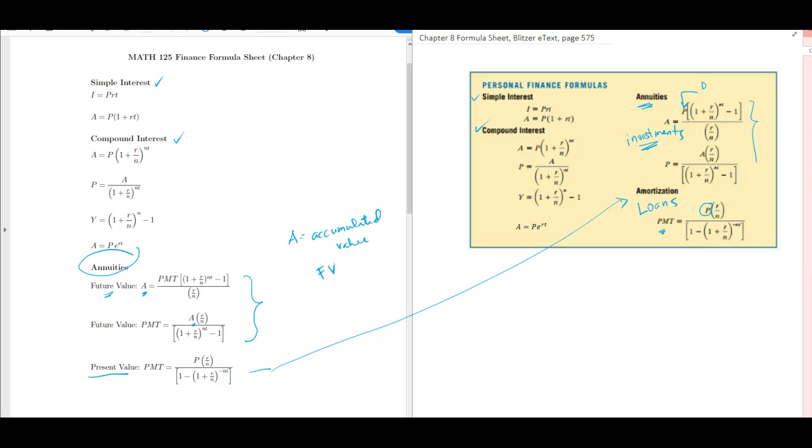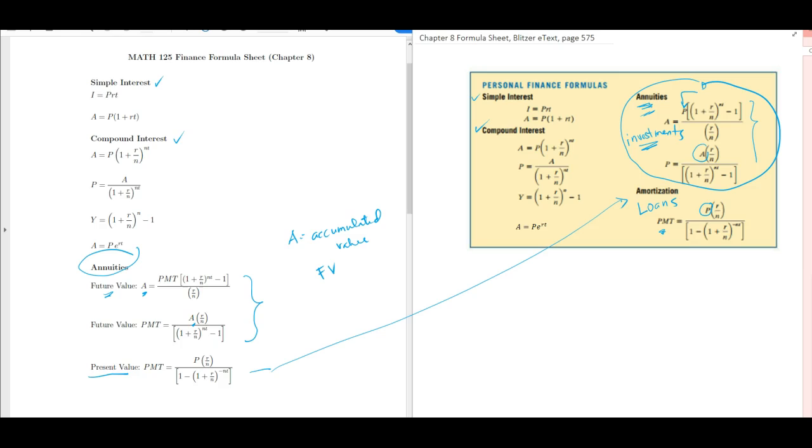On the other hand, for this investment annuity, this other group, your interest is in the future value. Sometimes that future value is a goal for which you want to determine how much you will deposit regularly in order to meet that goal at the end of your target term.